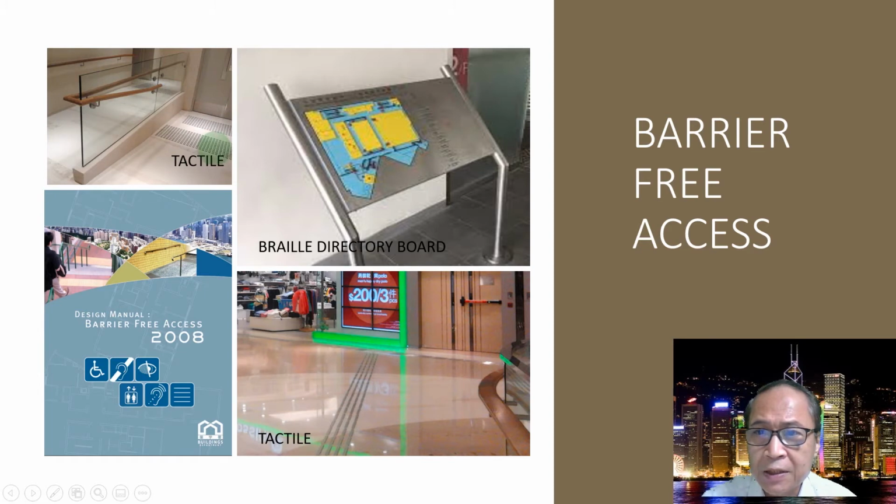You see, this is tactile. This is a wheelchair ramp. It's required by the building codes. This is tactile, a wheelchair ramp, and this is the braille directory board. This is the braille for the blind people, and this is the tactile for the blind people walking, to show the walking road for the blind people.